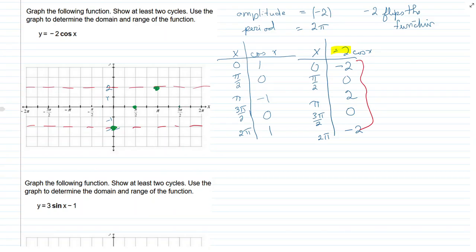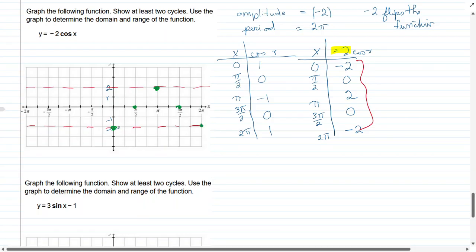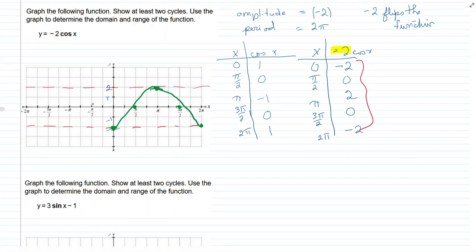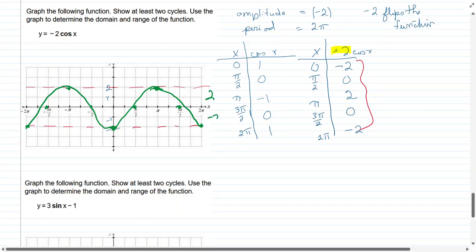At 3 pi halves, it is 0. And at 2 pi is there. So you can see that we've flipped it. And of course, it would come to this as well. All right. And we see the effects of a negative value to the amplitude. But the amplitude is still 2.